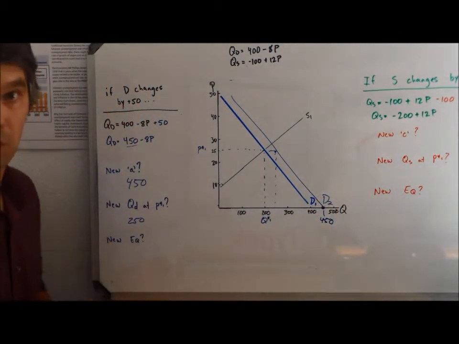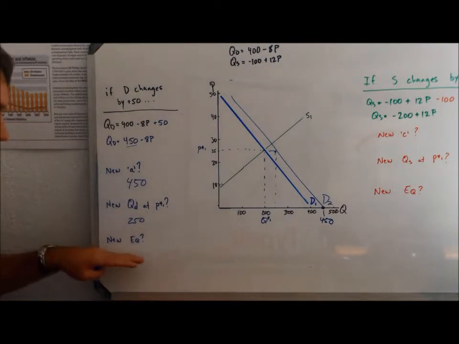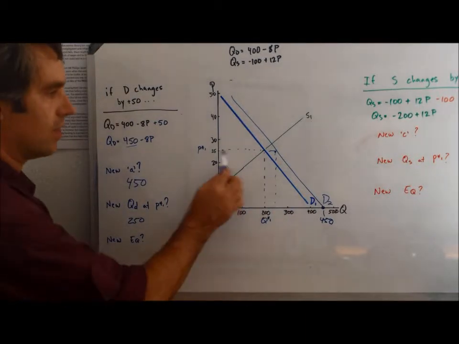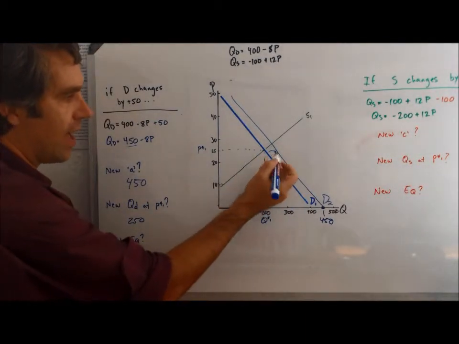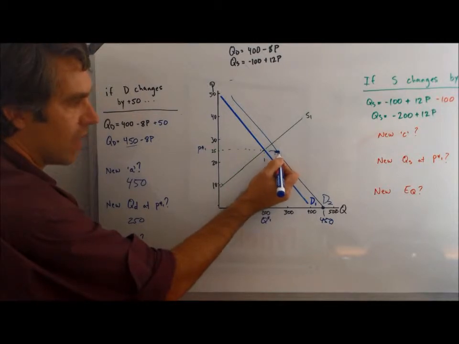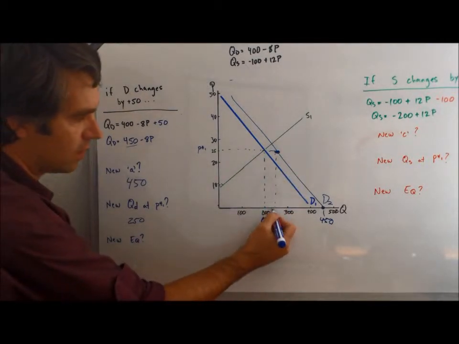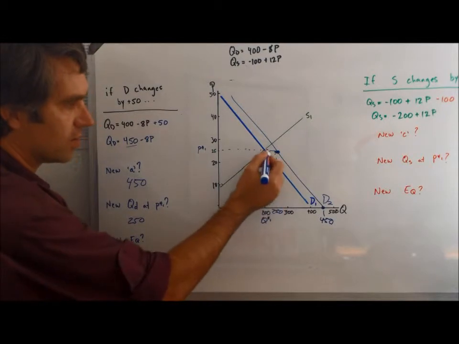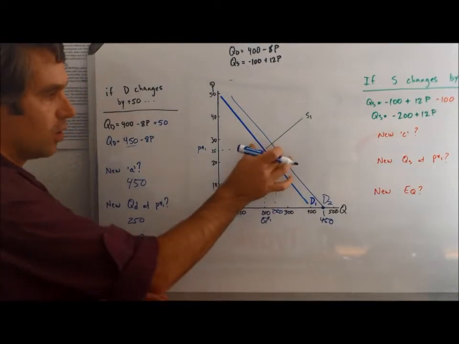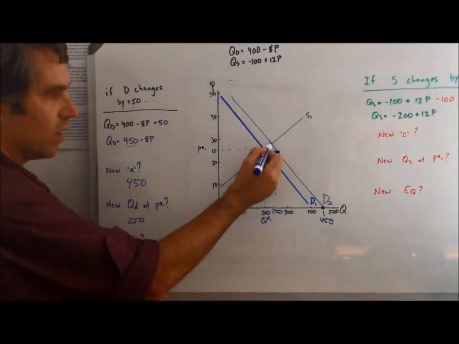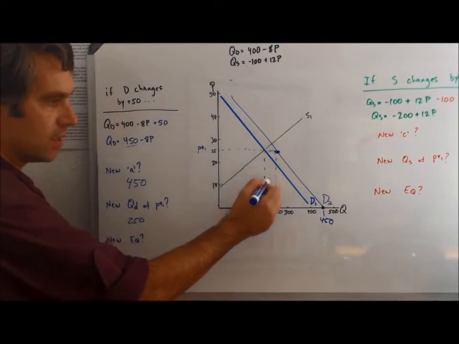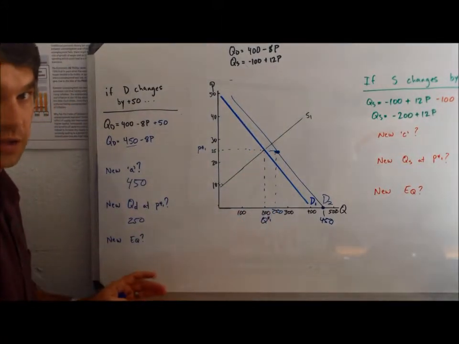That's not going to be our new equilibrium point though. That's the most important thing. You see that at the old price, we now have greater demand, 250, than there is supply, 200. So we're going to work towards a new equilibrium that will be at a higher price and somewhere in between those two values.